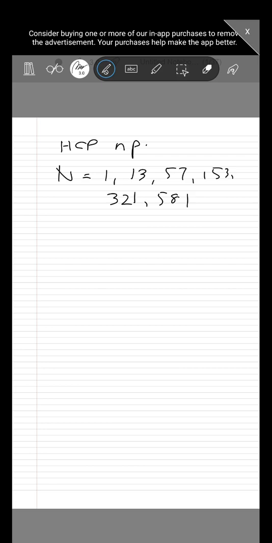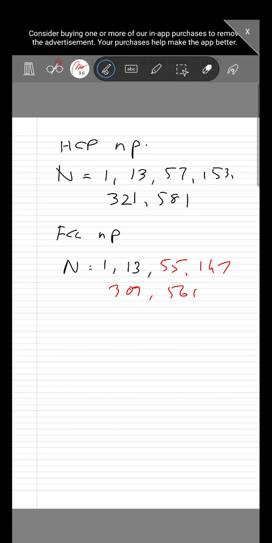Remember that for an FCC we had 1, 13, so the initial two numbers were the same. Later on it was 55, then 147, then 309, and then 561.